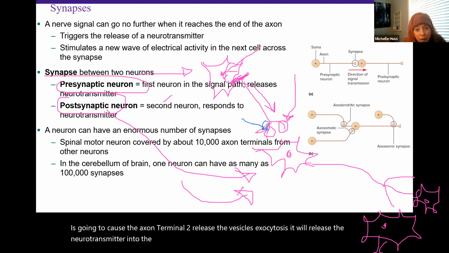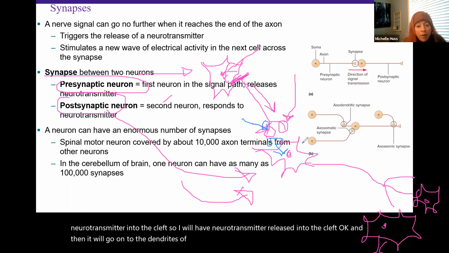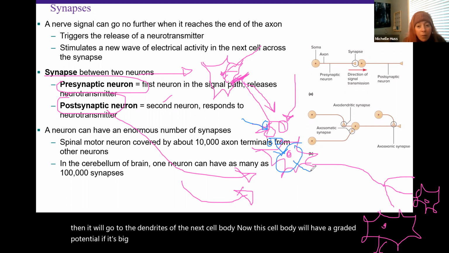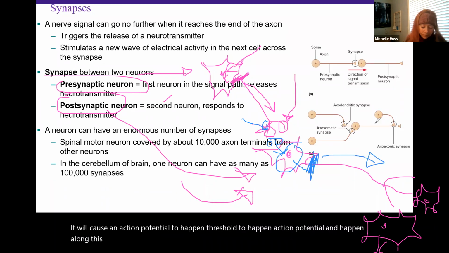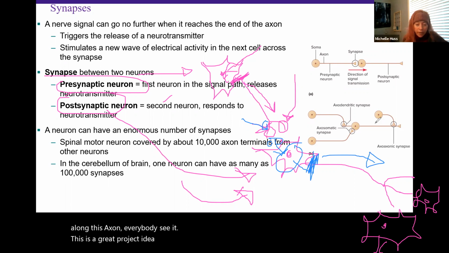So I will have neurotransmitter released into the cleft, and then it'll go on to the dendrites of the next cell body. Now this cell body will have a graded potential. If it's big enough, it will cause threshold to happen, an action potential to happen along this axon. Everybody see it? This is a great project idea, another project idea to put all of this together.